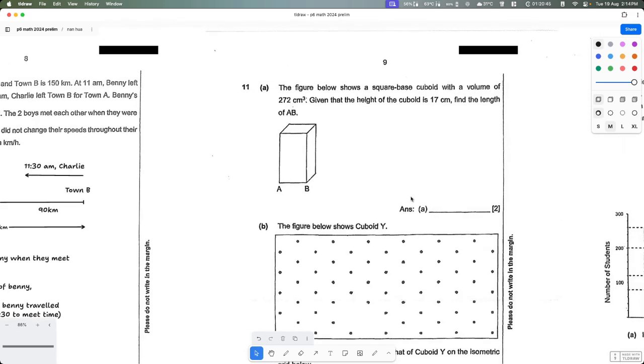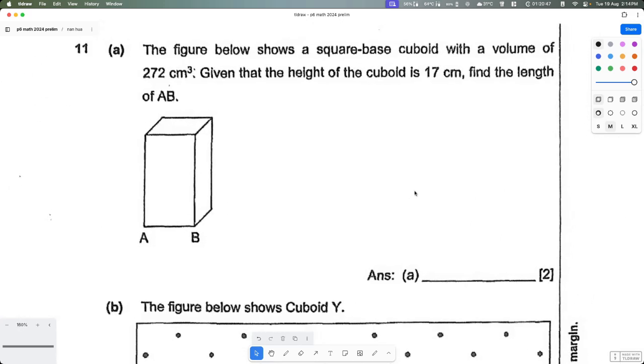Question number 11. So part A, it says here the figure below shows a square base cuboid with a volume of 272 centimeter cube. Given the height of the cuboid is 7 centimeters, so I'm going to put here 7 centimeters, find the length of AB. So square base is equal to volume divided by height.